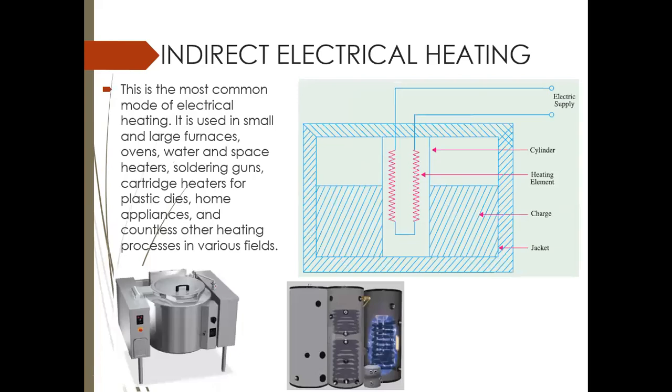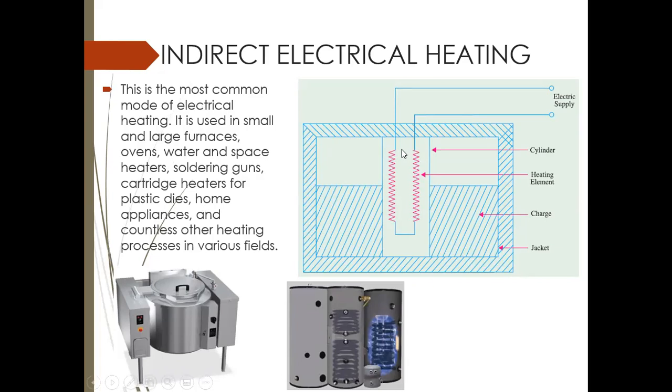Indirect electrical heating is the most common method of heating. Electric current is passed through a resistance element which is placed in an electric oven, as in this figure.